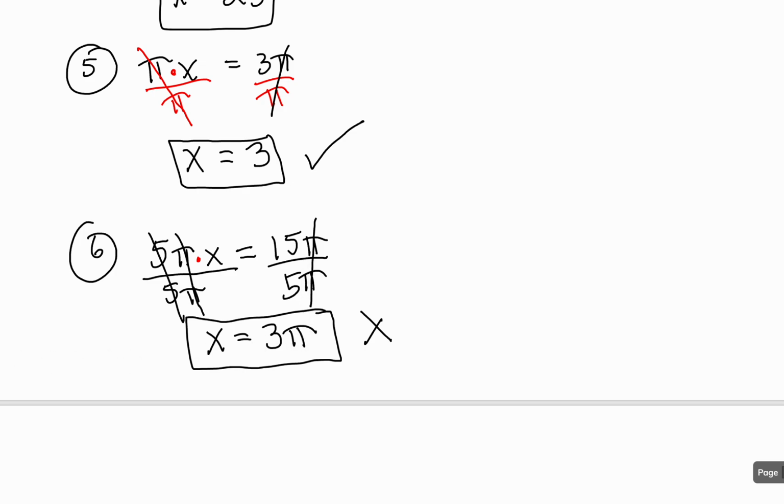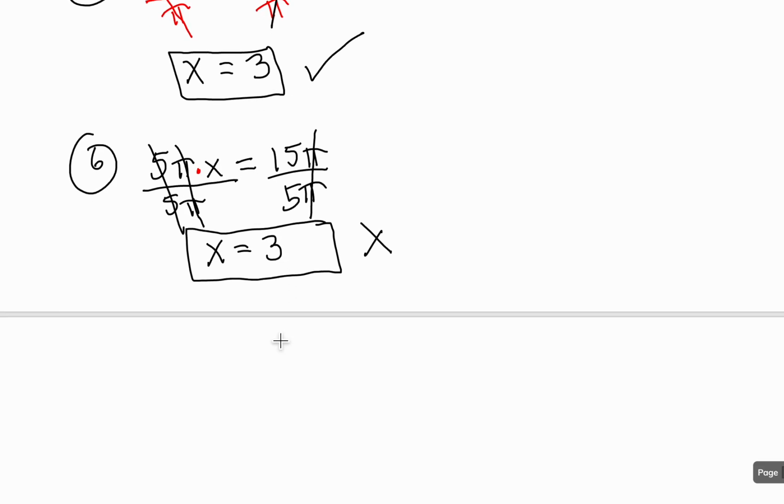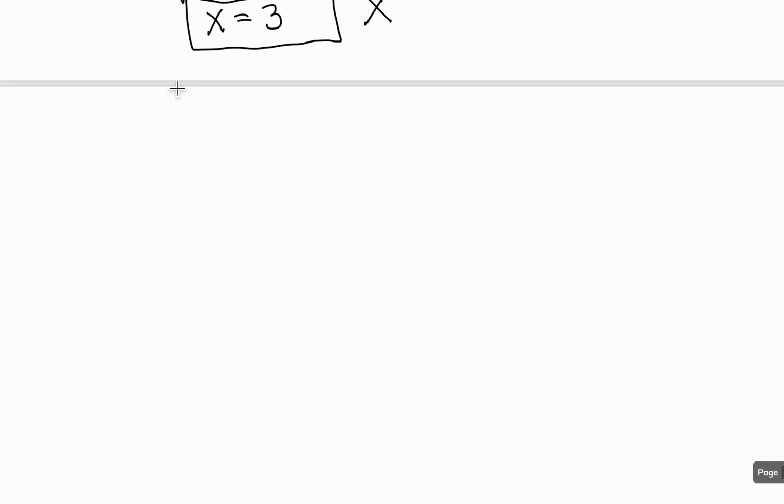So this pi divided by pi cancels out that 3, and we're able to simplify it to x equals 3. Our last example is a 2-step question.